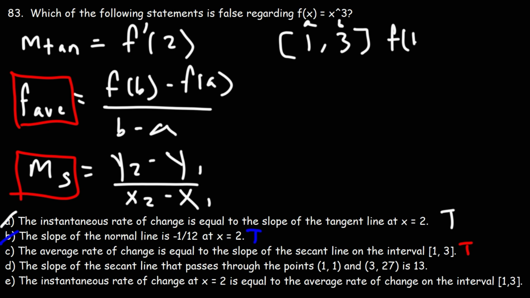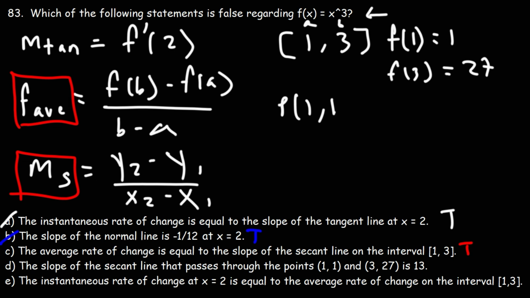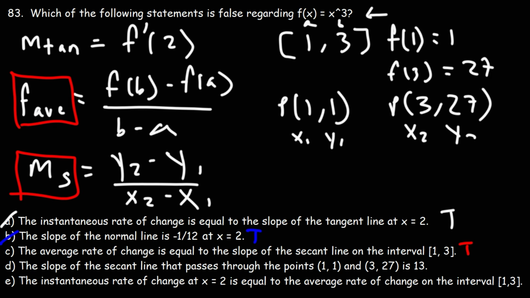F of a, or f of 1, if you plug it in here, you get 1. F of 3, 3 to the third power, is 27. So we have the point (1, 1). This is our x, that's our y value. And we have the point (3, 27). So this is x1, y1, x2, y2.